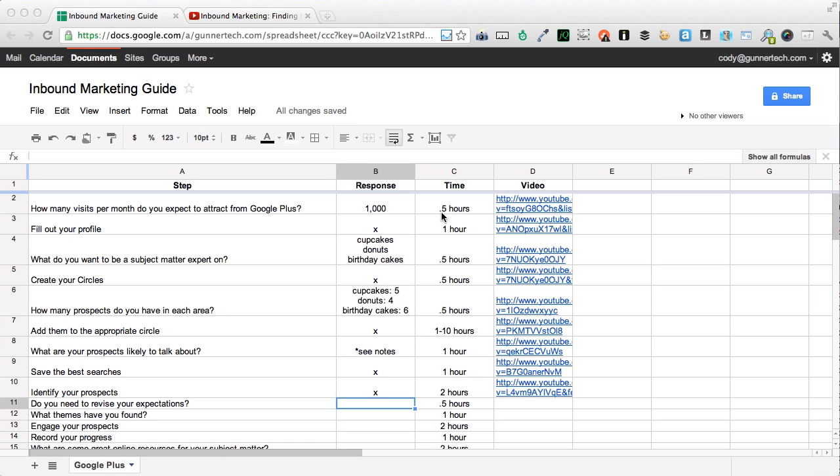Now at this point, we're basically going to say, we're a little high, so we're going to revise it down to 500. And that's just based on an example to show you that it's okay to revise expectations at this point. You don't need to stick to your guns and say, come hell or high water, we're going to get 1,000 visits. If the numbers just aren't there, it's time to make a revision.